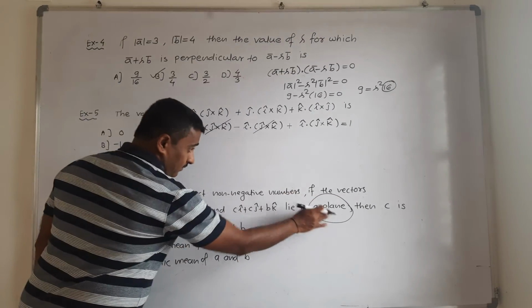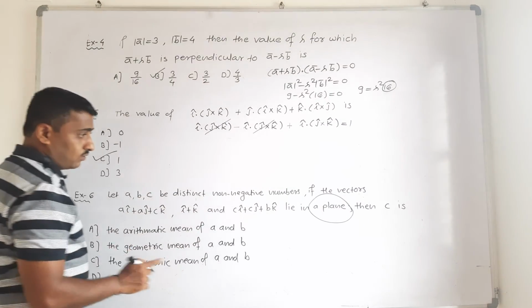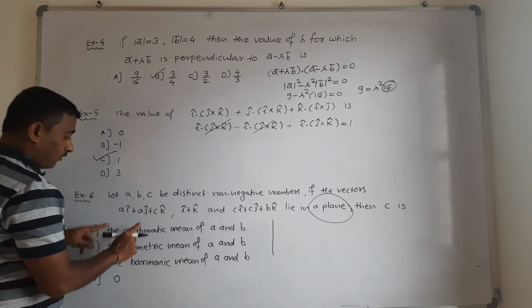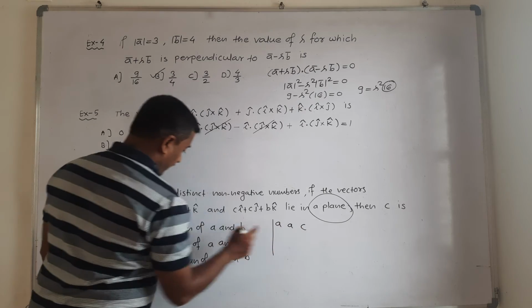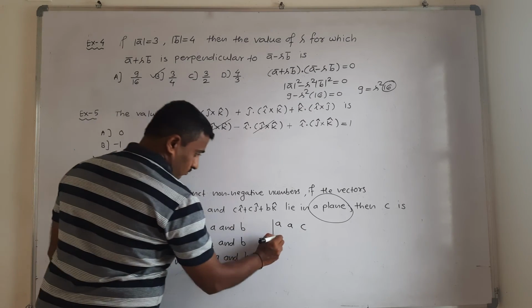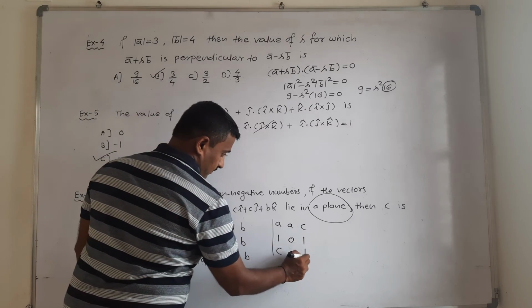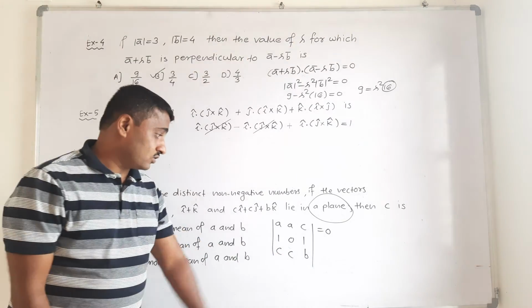Since they lie in a plane, the three vectors are coplanar, so their scalar triple product is 0. Scalar triple product 0 means determinant 0. Determinant of coefficients: first a, a, c; second 1, 0, 1; last c, c, b is equal to 0.